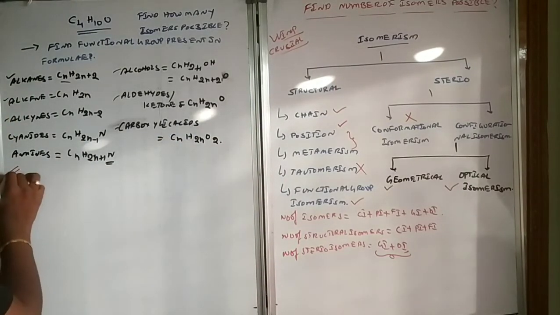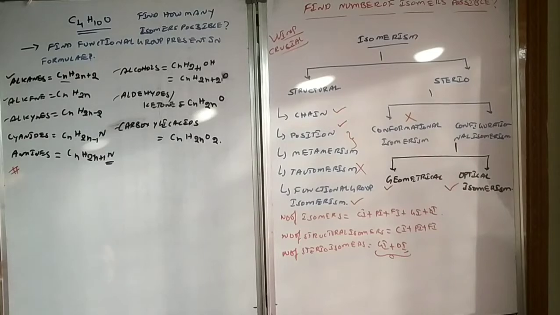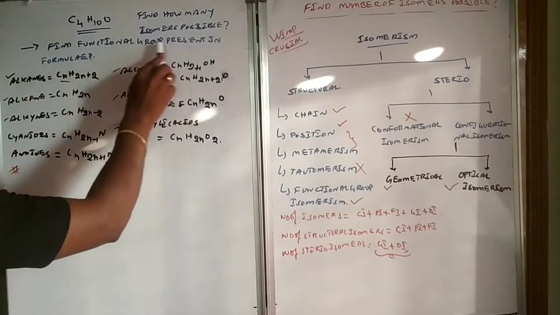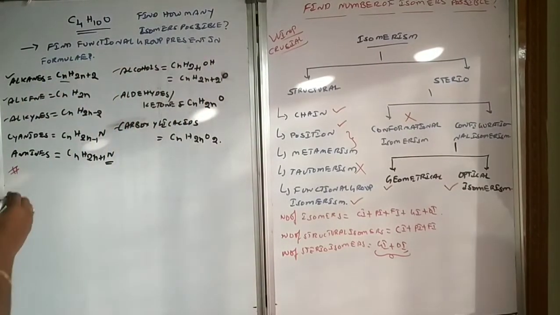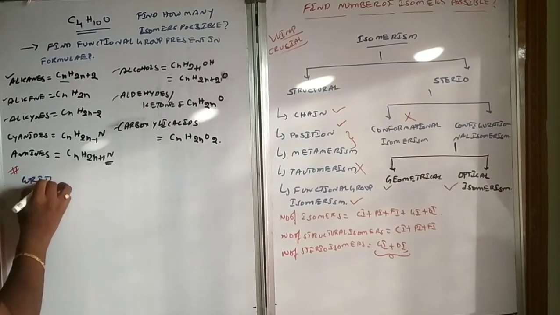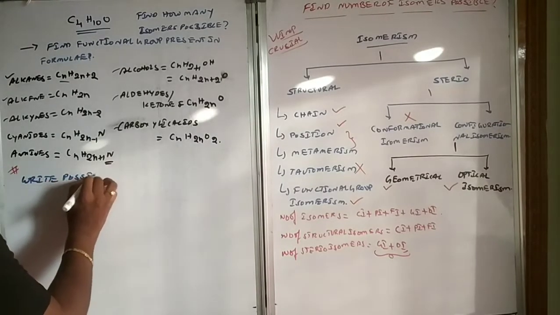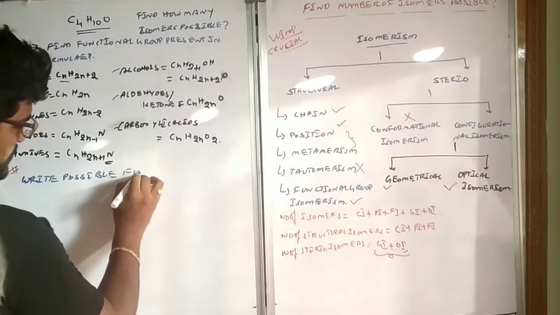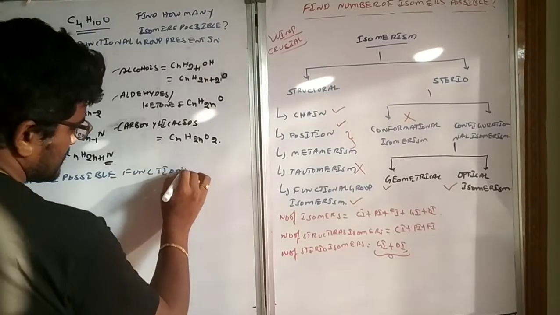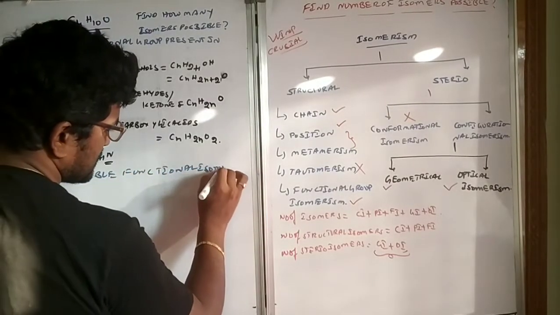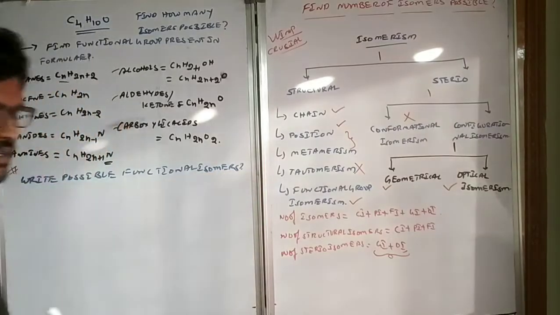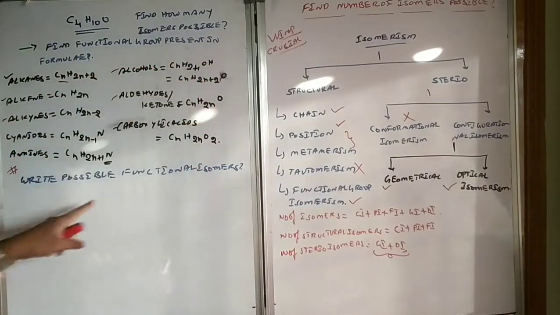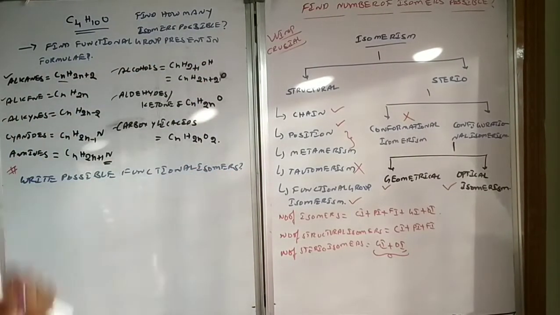Next, after finding the functional group, the second step is to write possible functional isomers.